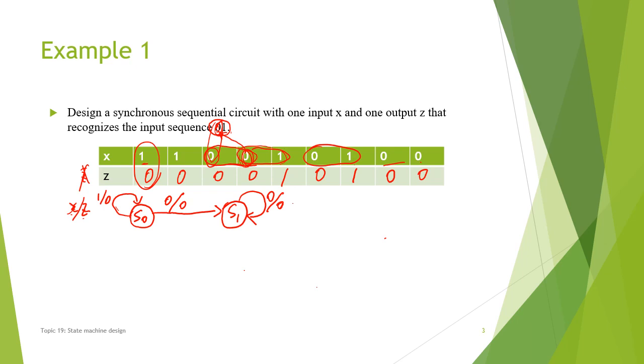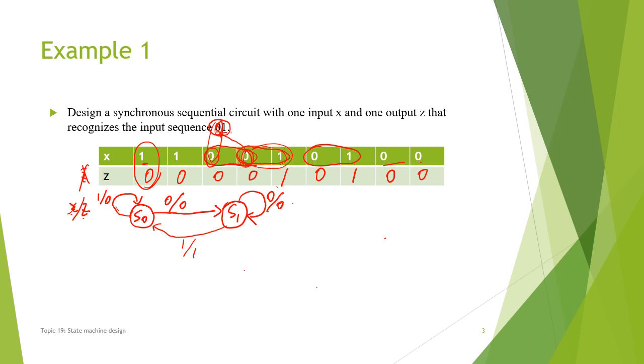Then next, if we detect a 1, which means we found the pattern, and immediately we need to go back to the initial state to get ready for the next detection. But at this moment, z will give an output, a signal here, to let us know we detected this pattern once. Then we start the next detection.